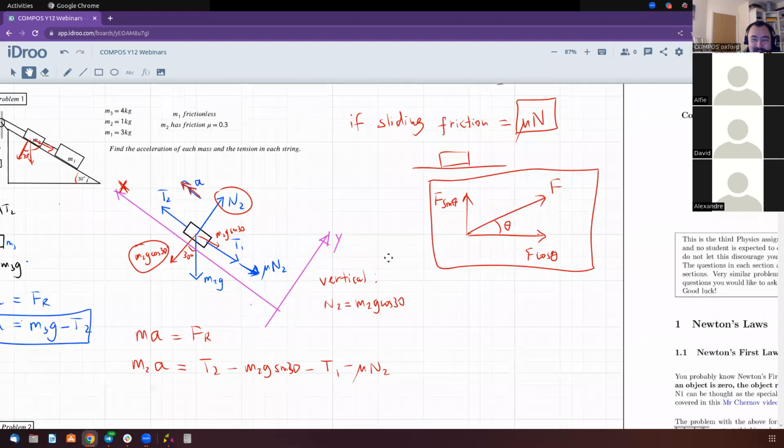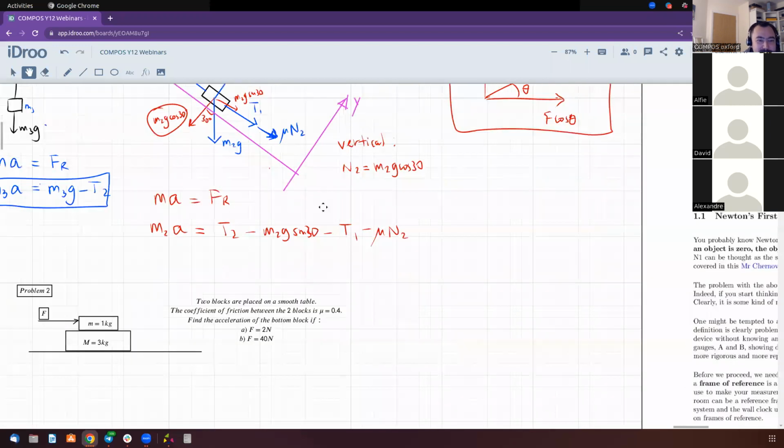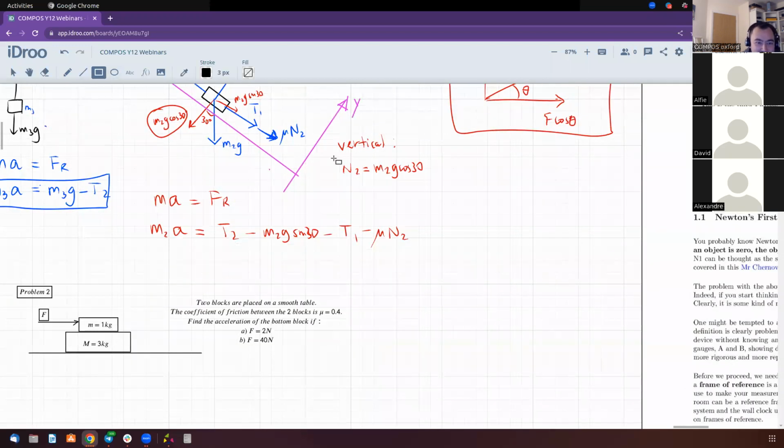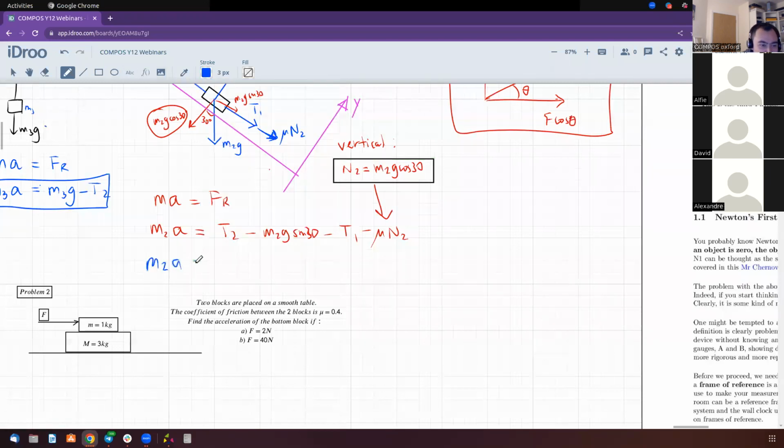Vertical. So because N is equal to m2g cos 30, we can plug that in here. And we have a rather complicated m2a is equal to T2 minus m2g sine 30 minus T1 minus mu m2g cos 30.